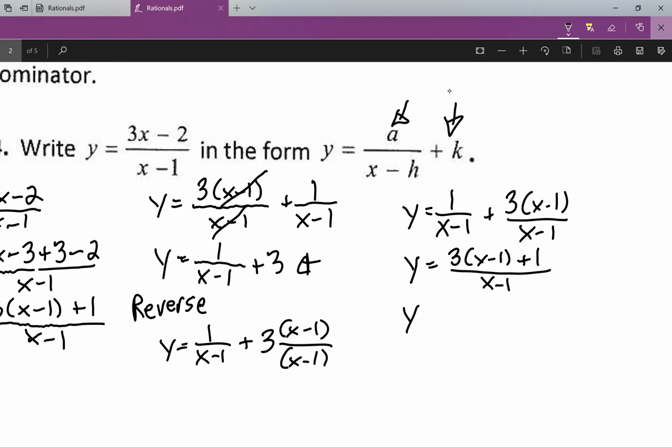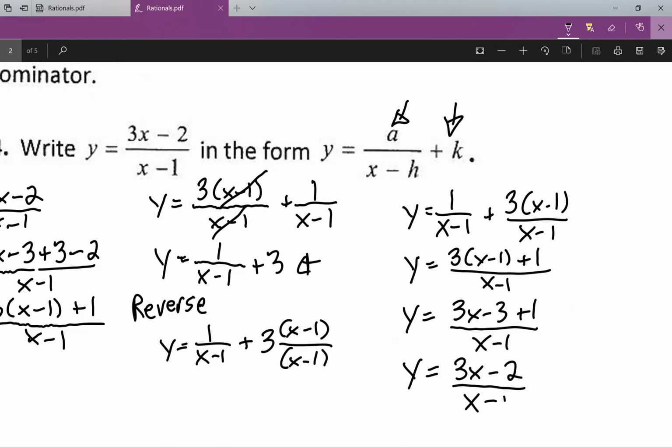Expanding this out, I get y equals 3x minus 3 plus 1 all over x minus 1, which will give me y equals 3x minus 2 all over x minus 1.